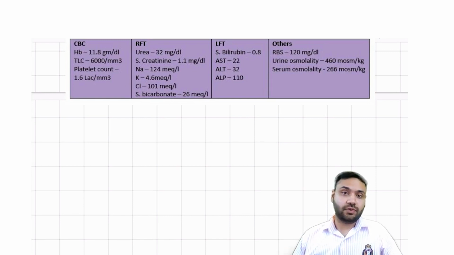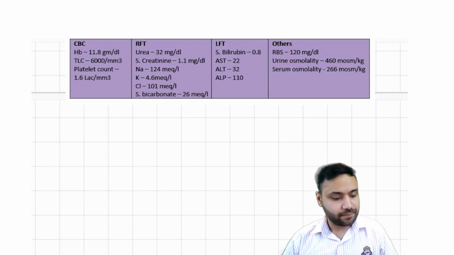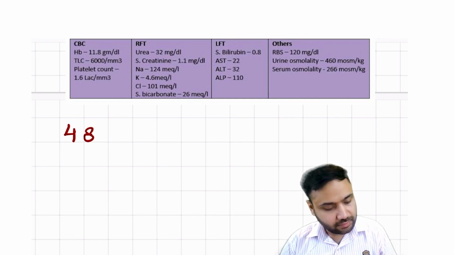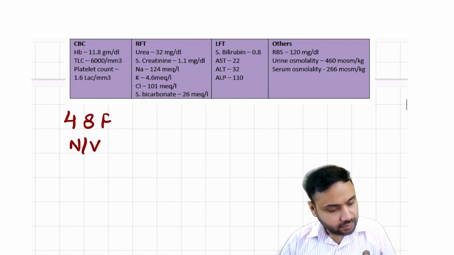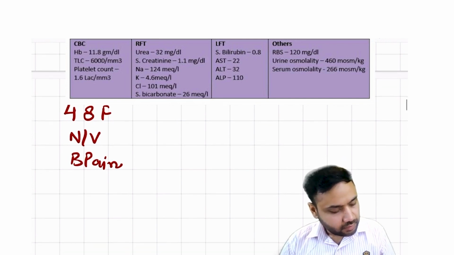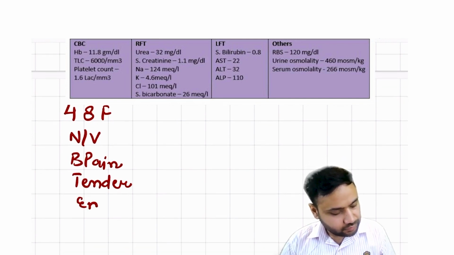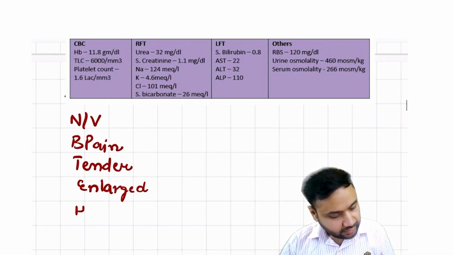So, in the last video, we were discussing a case of a 48-year-old female with nausea, vomiting, and breast pain. Her breasts were tender and enlarged, and she had a headache.